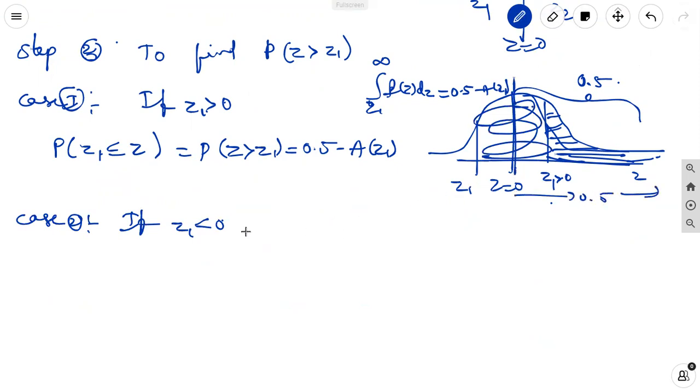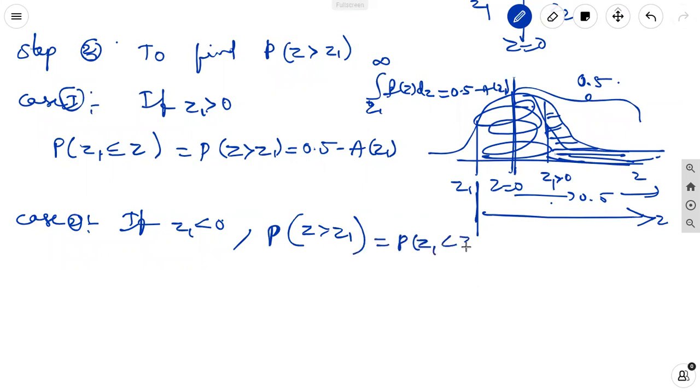We add the probability of Z1 less than Z. Here the probability of Z greater than Z1 extends from the limit Z1.